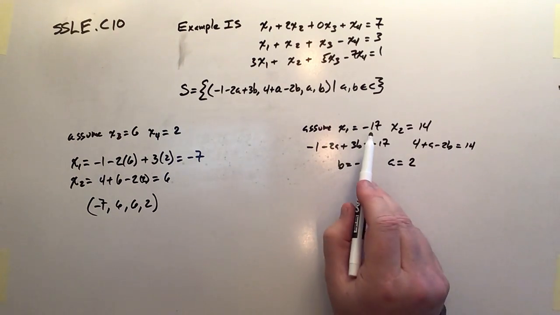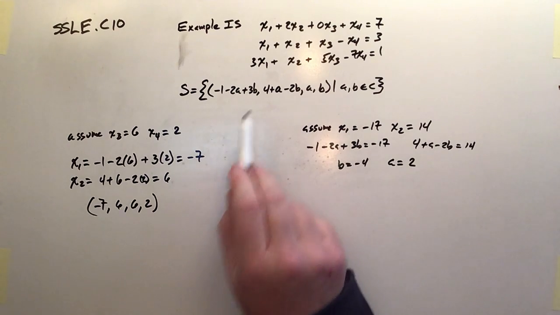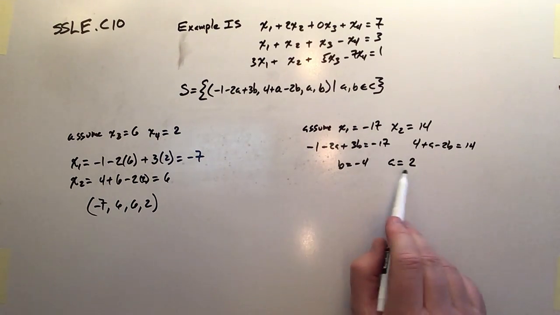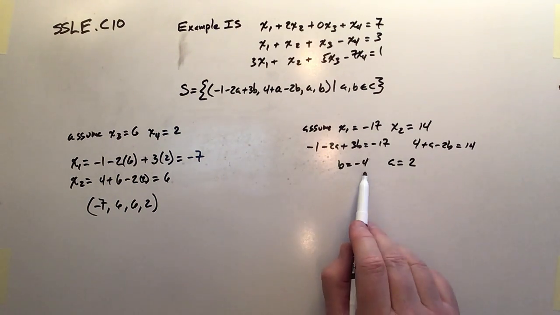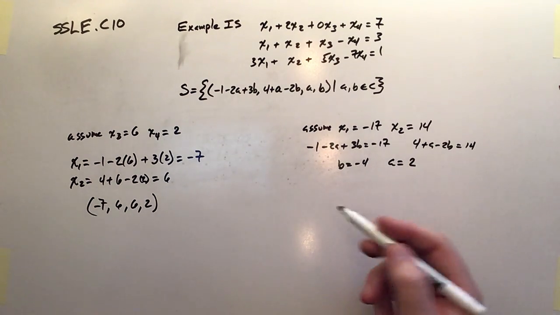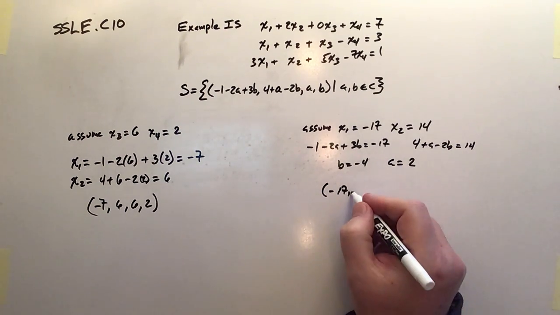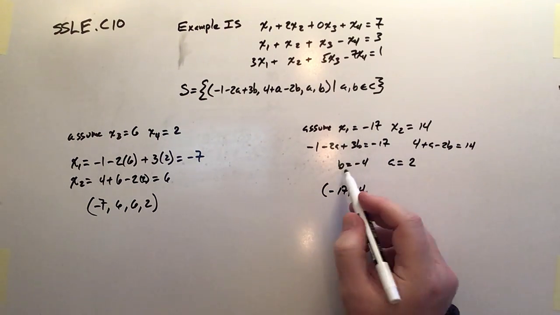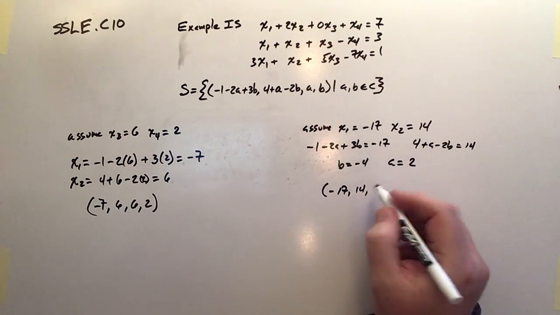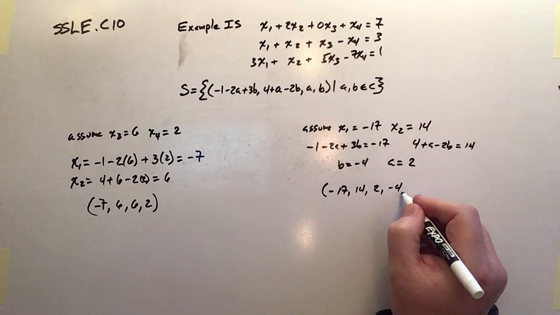So once again, even though we chose x1 and x2, which are actually the dependent variables in the system, there's only one set of values for a and b that actually produce these 2 values for x1 and x2. So once again, we have one solution, and that solution would be -17 for x1, 14 for x2, a is x3, so that would be 2, and b, -4, is x4.